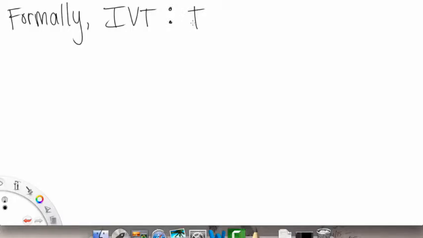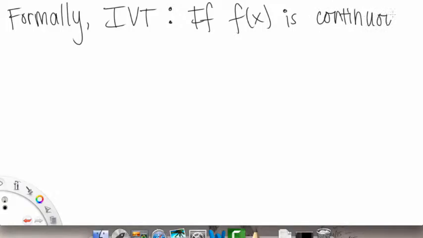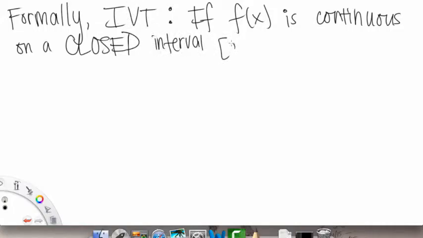All right. So this is the formal definition. Formally, the intermediate value theorem says the following. If f of x, our function, is continuous, so we're assuming right away that it's continuous, on a closed interval, and closed meaning it includes the endpoints, they usually just reference it as a, b. We're going to use square brackets because it includes the endpoints.